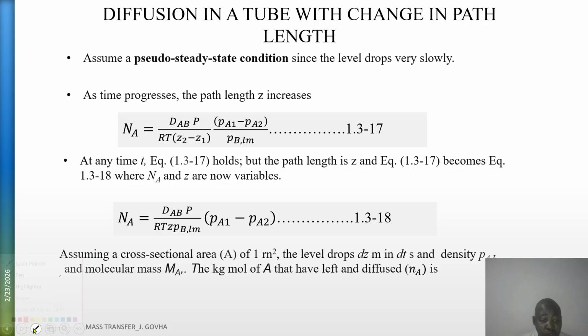So if we need to solve that, let's assume a cross-sectional area A of 1 square meter, and the level drops dz in dt seconds.